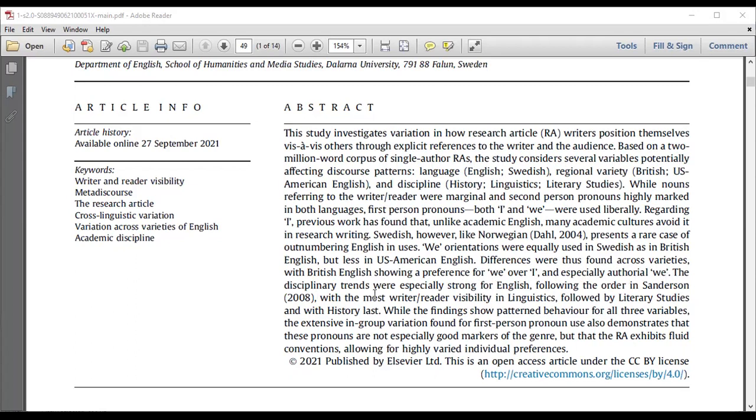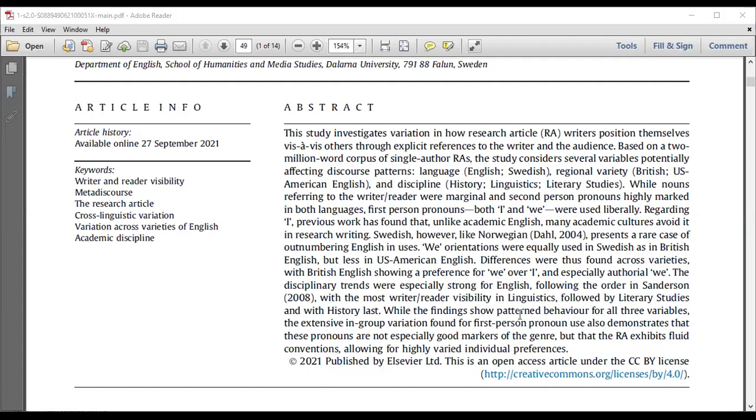The disciplinary trends were especially strong for English, following the order in Sanderson 2008, with the most writer-reader visibility in linguistics. So this is all about the findings.